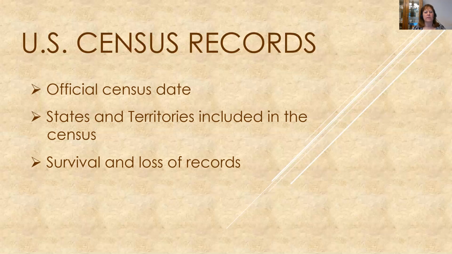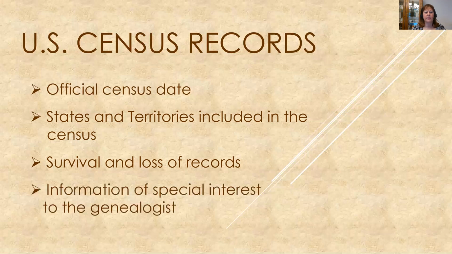Some records have been lost to war, to neglect, or even fire. As we explore the various years, I will attempt to provide you with a listing of the schedules that were lost. And finally, I will be summarizing the questions that were asked by the enumerators, as well as pointing out information that may be unique or of special interest or value to the genealogist.